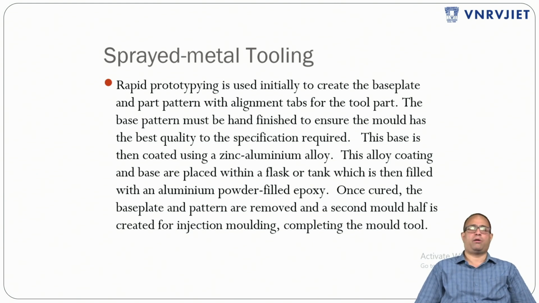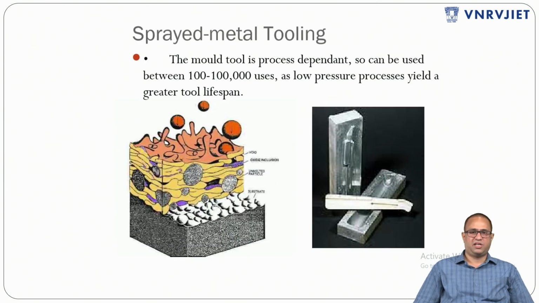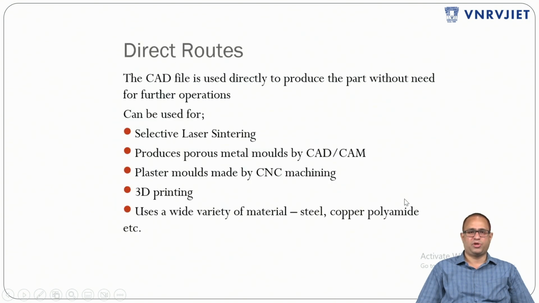Once cured, the base plate and the pattern are removed, and the second half is created for injection molding, completing the mold tool. As you can see here, this is made using sprayed metal tooling, and 100 to 1 lakh uses of the low pressure process yield a greater lifespan. This is how sprayed metal tooling is used.